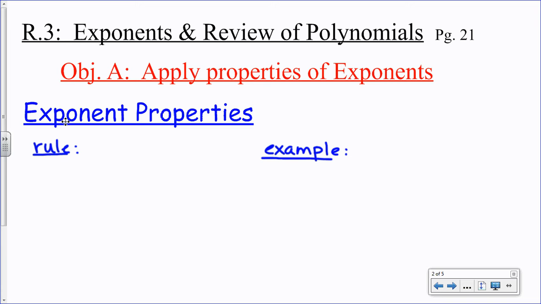Okay, our first rule is the product property. So when you multiply common bases, then you add the exponents.